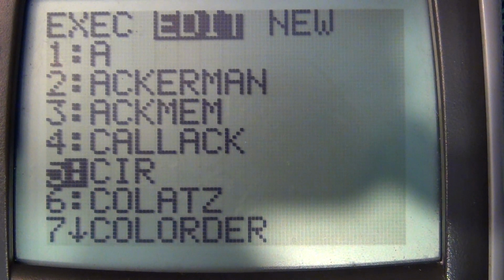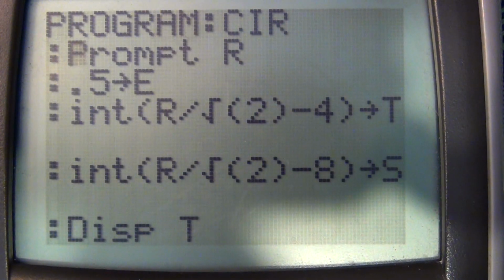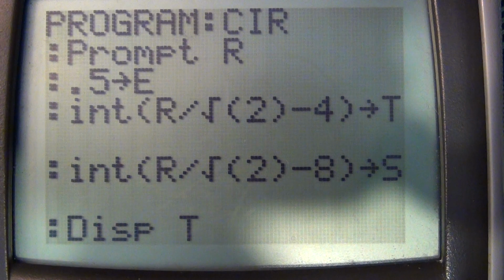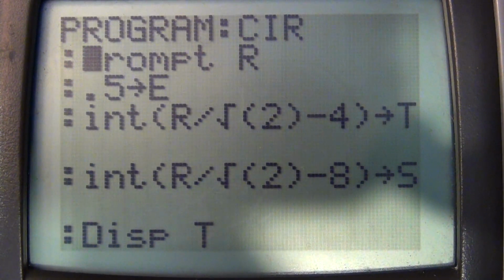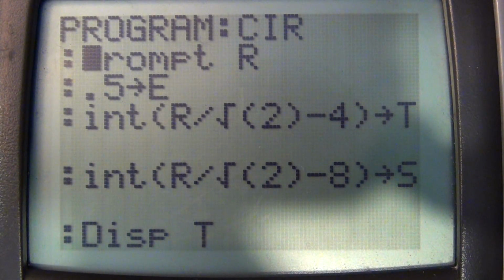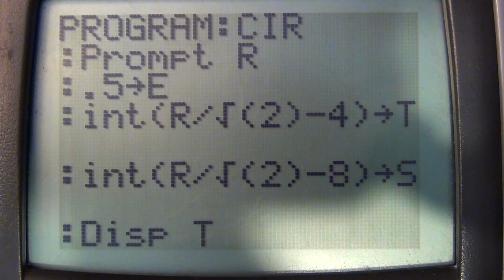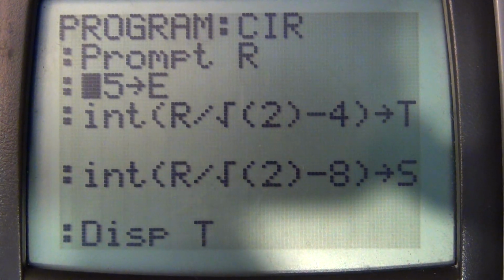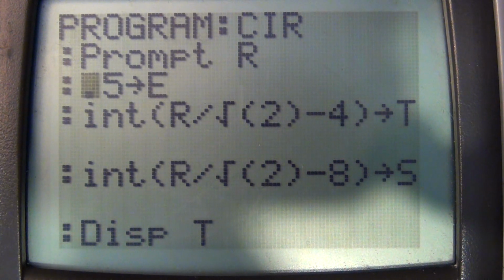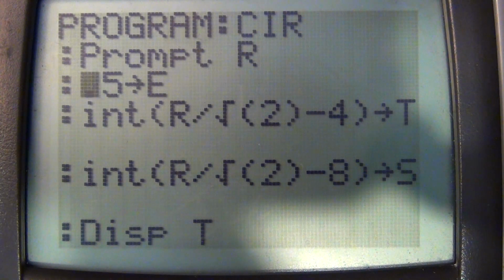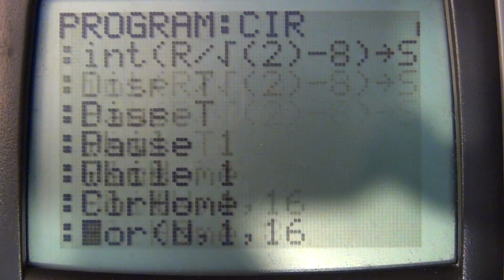Eat your popcorn and just watch as I explain and show you this new program I called CIR, short for circle. All it really does is draw a circle, but it's to help you draw circles so that you can use them in Minecraft.